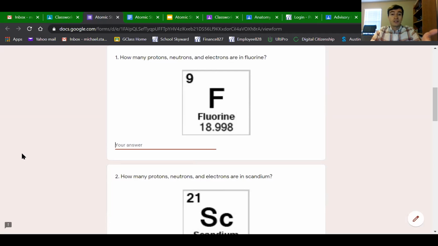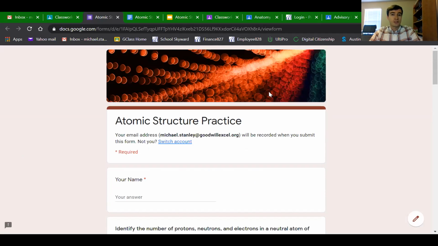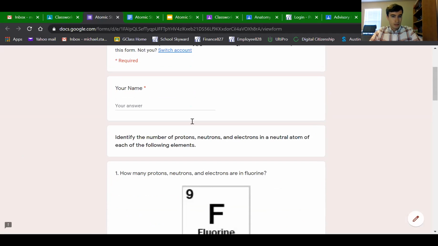But if you thought the answer for all three of those elements for fluorine was 5, then you would type in 5 protons, 5 neutrons, 5 electrons.